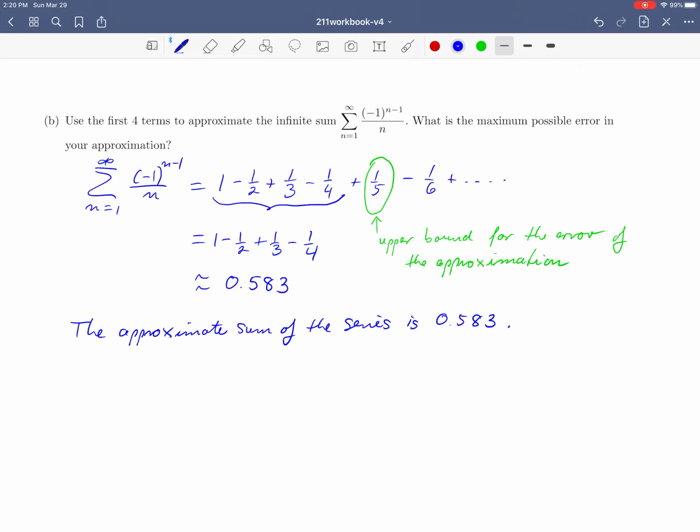And by the alternating series estimation theorem, we know that the maximum error in this approximation is given by B5, which is 1/5, or 0.2.